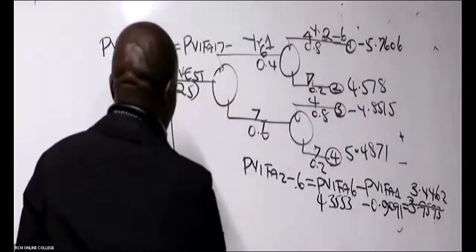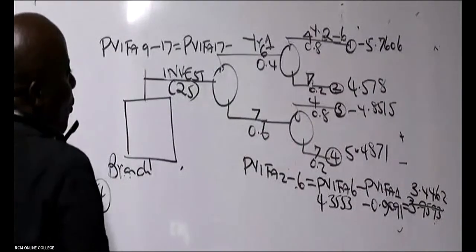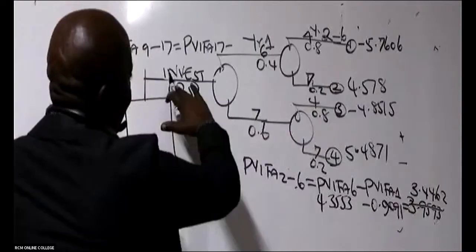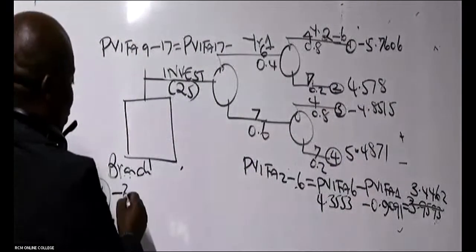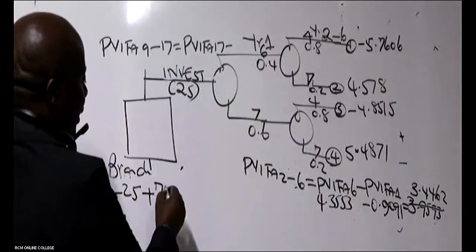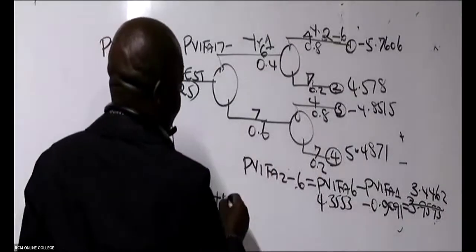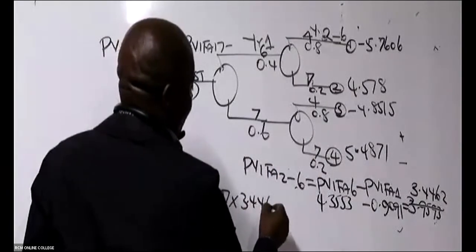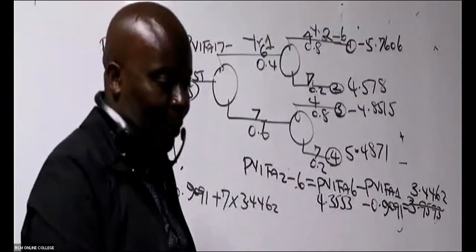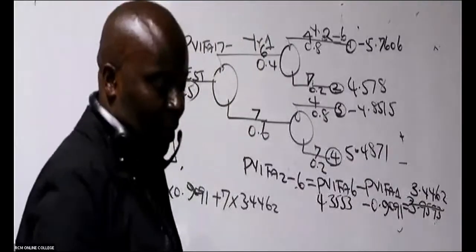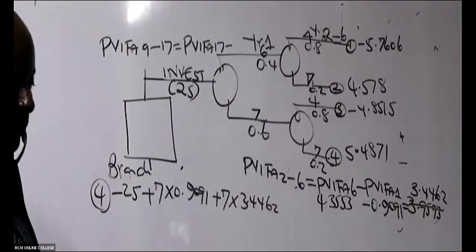Let me do it. For branch number 4, it will be minus 25 plus 7 times 0.9091 plus 7 times 3.4462. Is there somebody who can confirm that figure is correct?